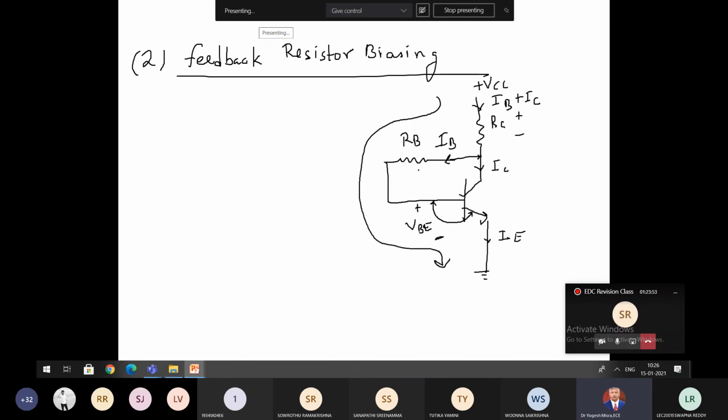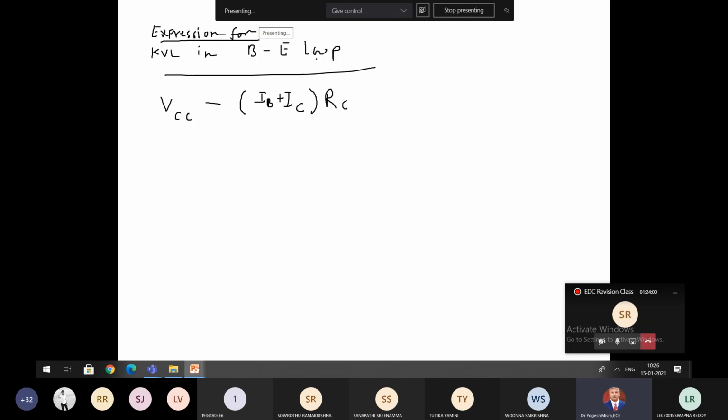And the voltage drop across RB is IB into RB. So then IB RB minus VBE is equal to 0.